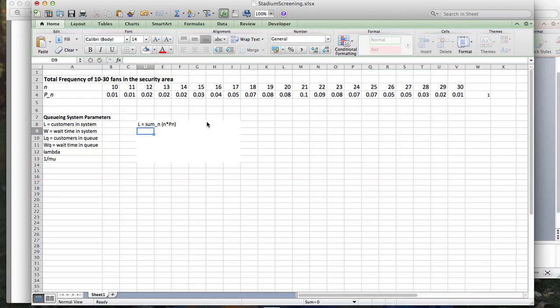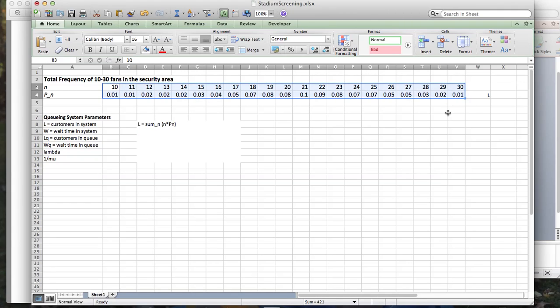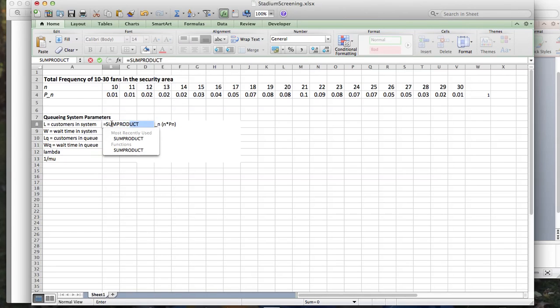In terms of what we are given, this up top I ported over from the problem description: the number of customers in the system, and the probability or frequency with which we observe that number of customers in the system. What we want to do is sum up the product of n and P of n, so we multiply 10 by 0.01, add it to 11 times 0.01, etc. In Excel, we can use the SUMPRODUCT function of the n entries with the P of n entries.